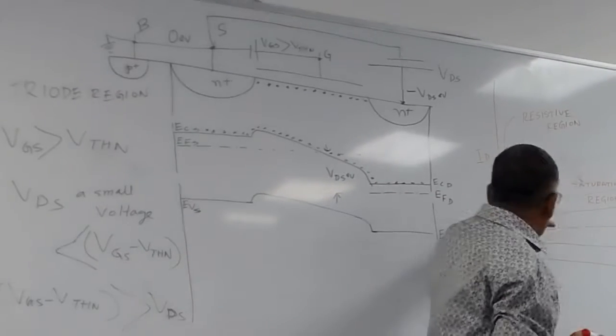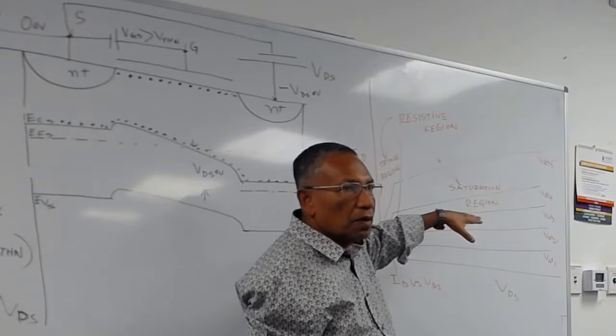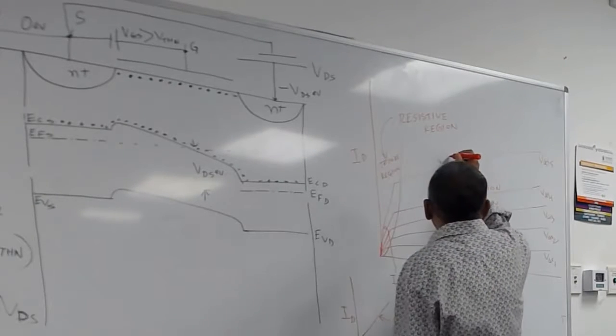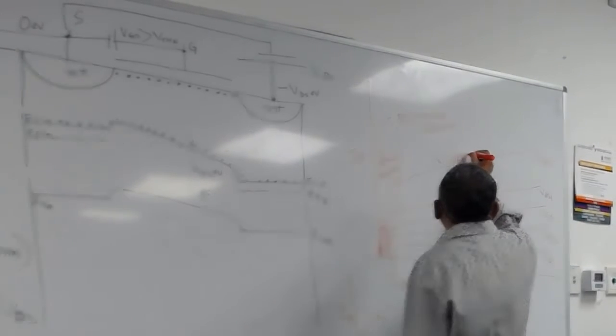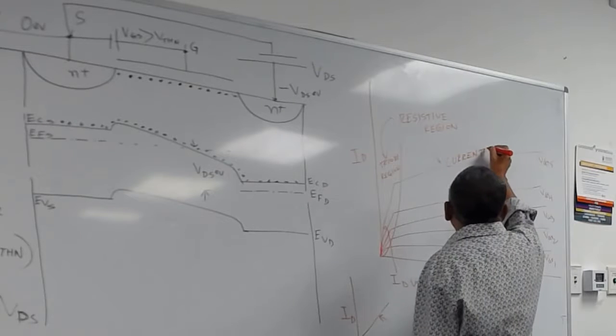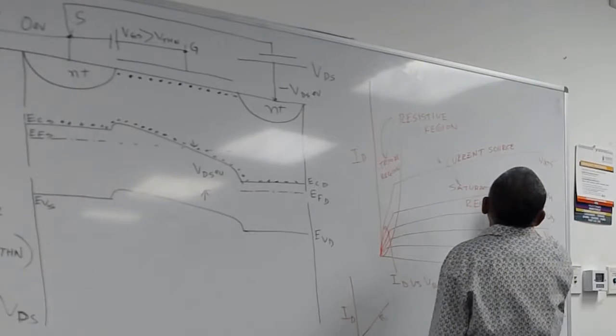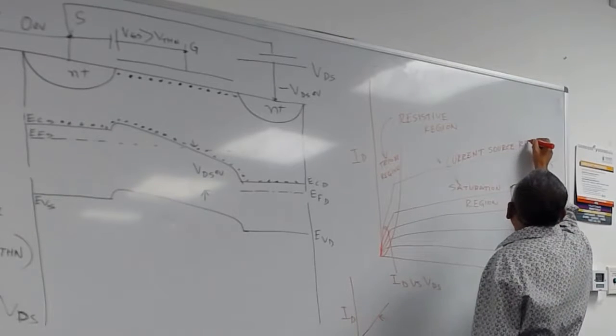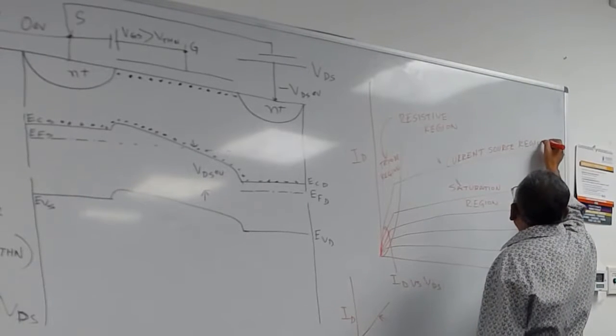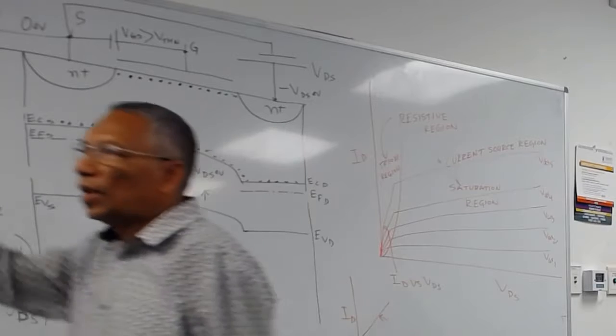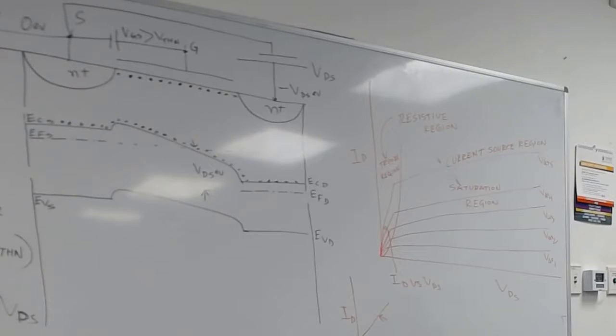And this is saturated. You can see here the lines are straight, so you can also call it the current source region. So that's the current source region, and you also have the resistive region.